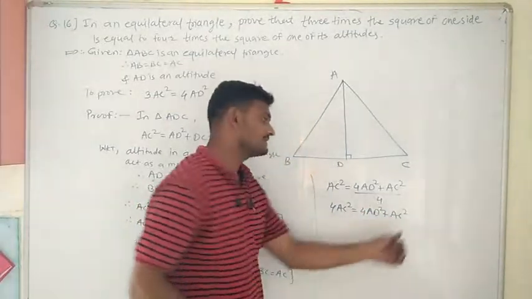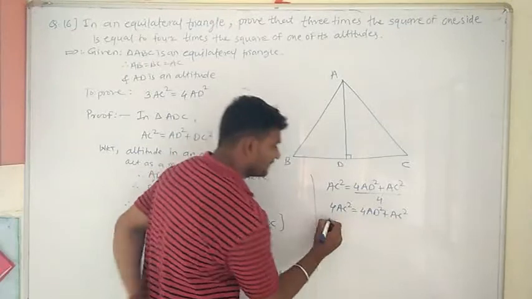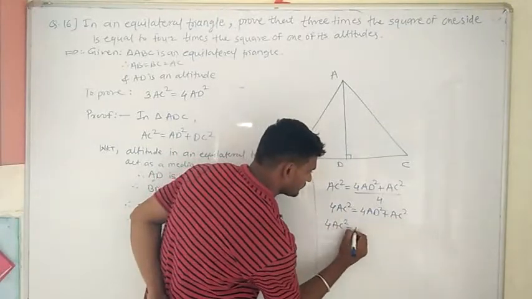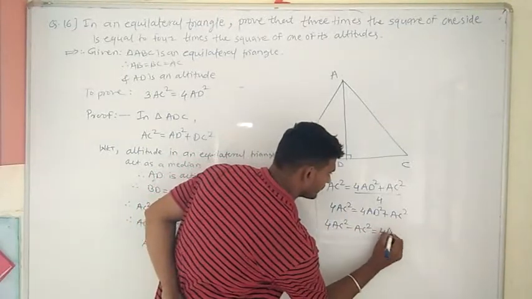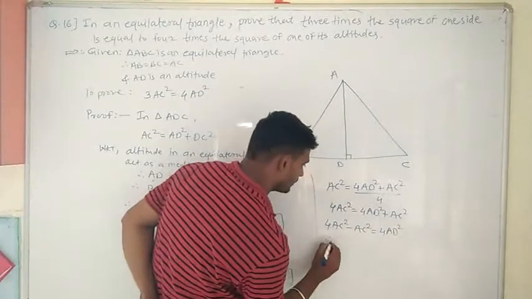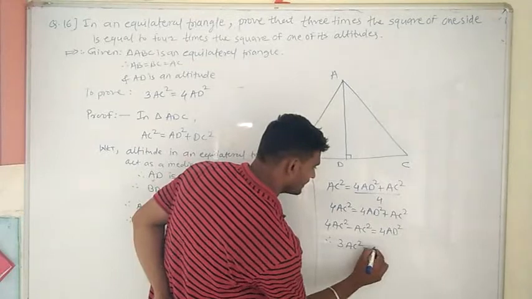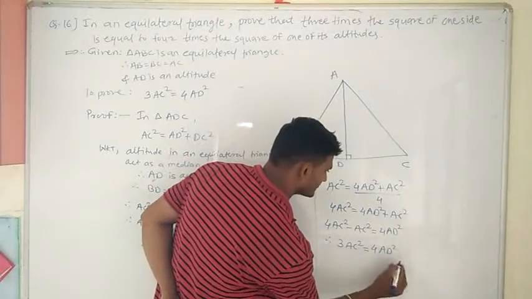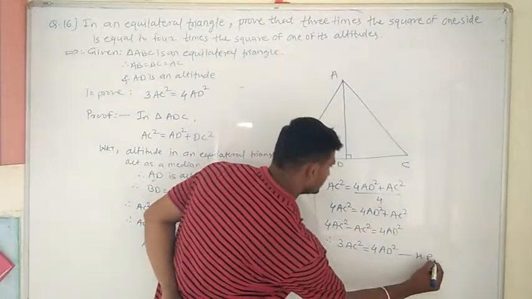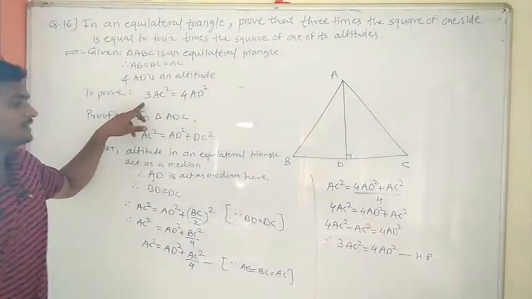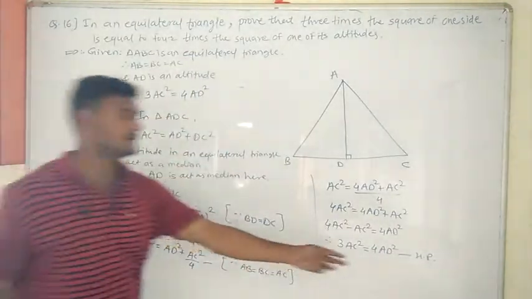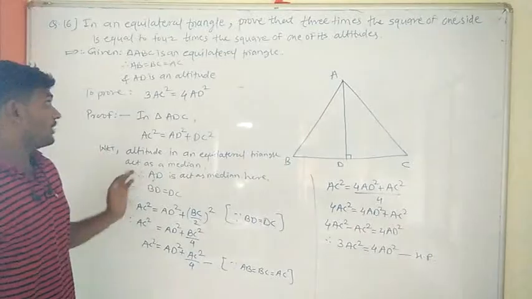Send this AC square towards the left hand side; it will become 4 times AC square minus AC square is equal to 4 times AD square. Therefore, 4 times AC square minus AC square is nothing but 3 times AC square is equal to 4 times AD square. Hence, proved. This much only we want in the proof. Here, 3 times AC square is equal to 4 times AD square, we got. Copy down this.